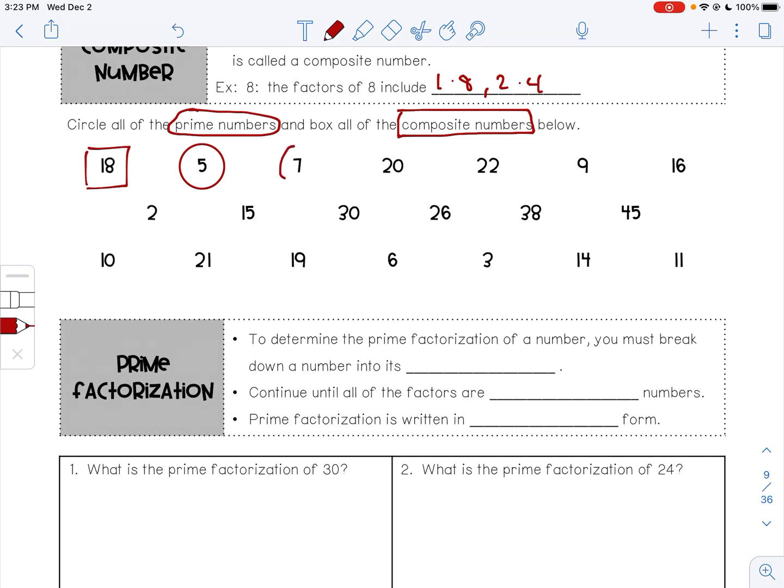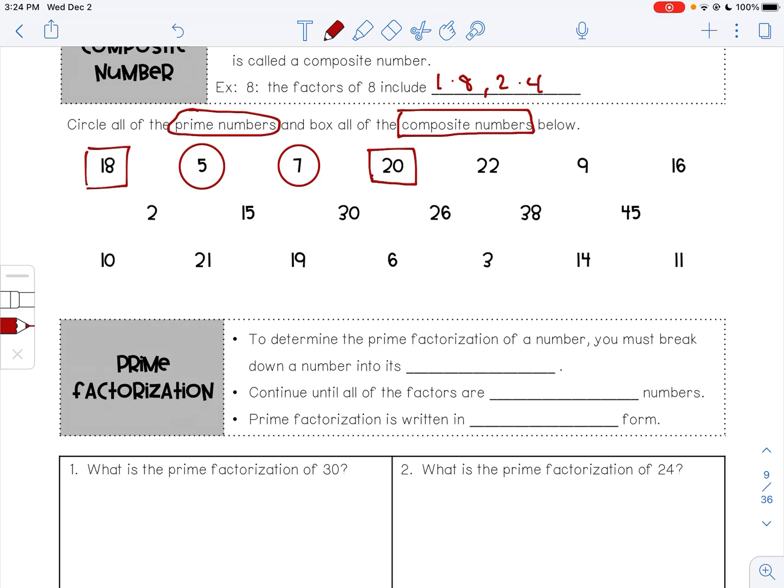Only 1 and 7. Let's do 20. So what can I multiply together to get 20? I have 1 times 20. Anything else? Absolutely. 2 times 10, 4 times 5. So because we have more than 1 and itself, it is a composite number because it is composed of multiple prime numbers.